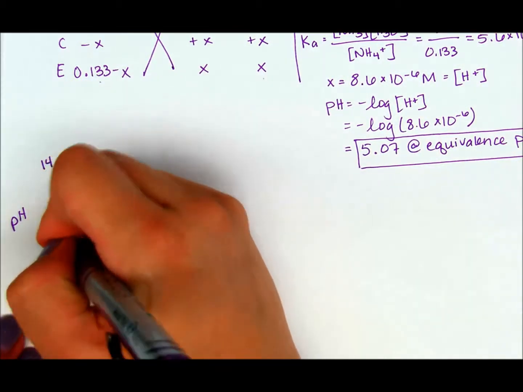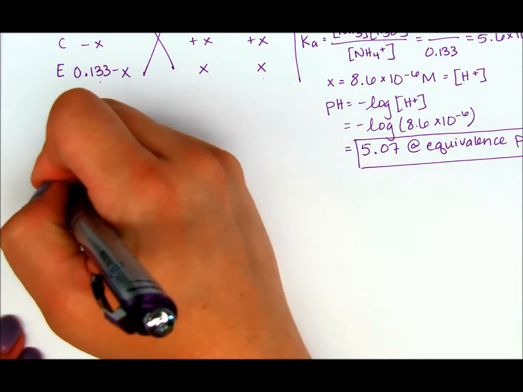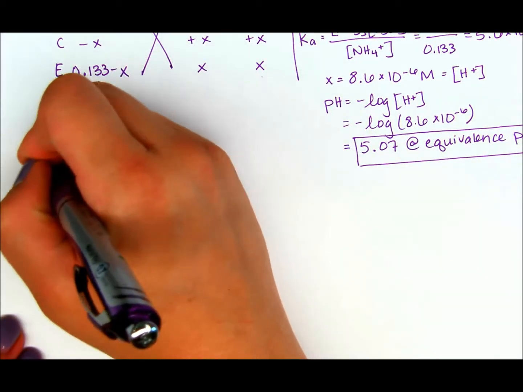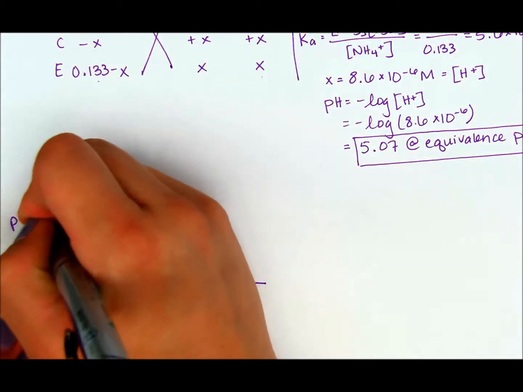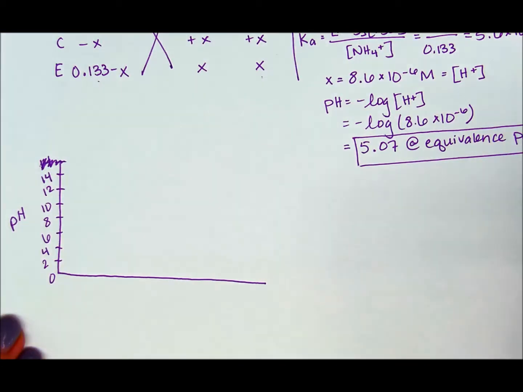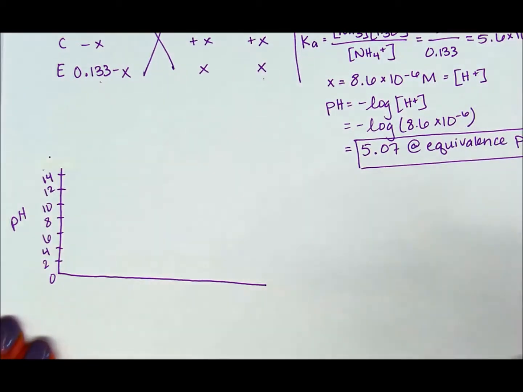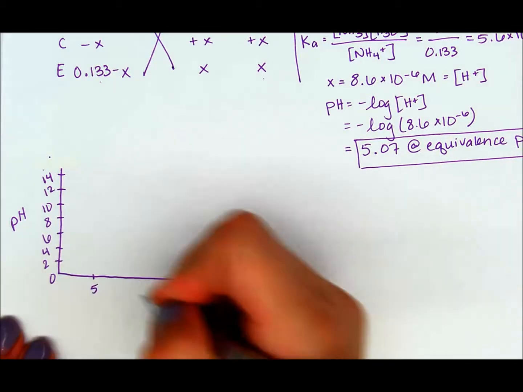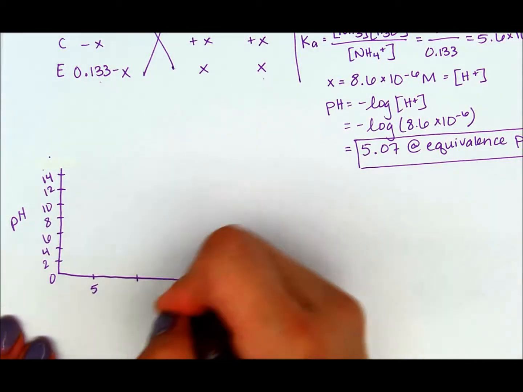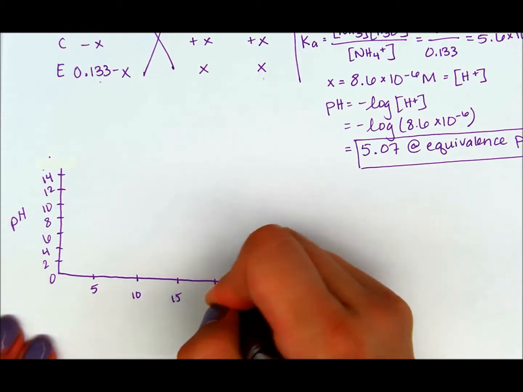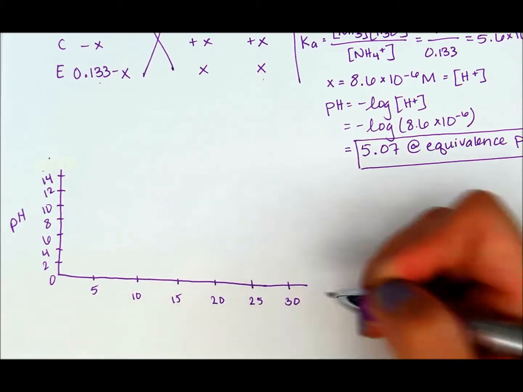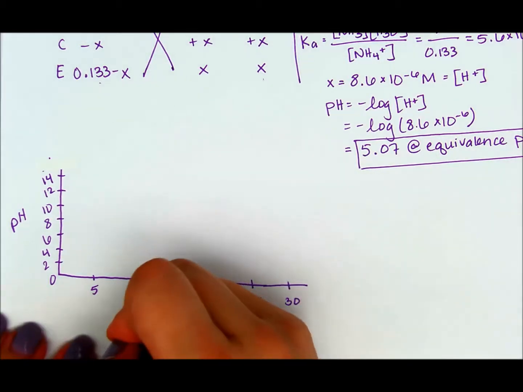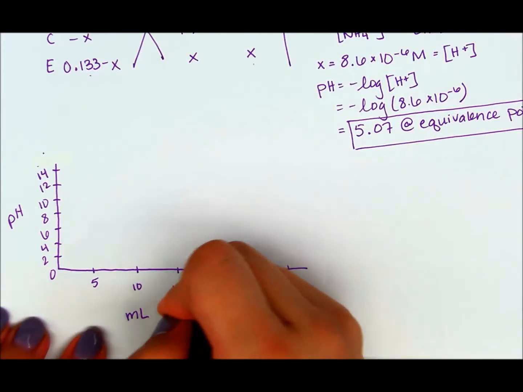So 2, 4, 6, 8, 10, 12, 14. So pH up to 14. And then here we're going to have milliliters added. This doesn't need to be perfect because it says sketch. So this is going to be milliliters of H plus added.